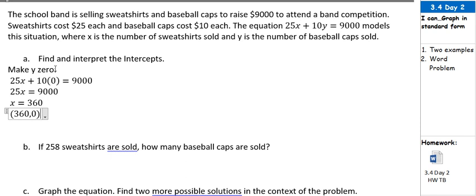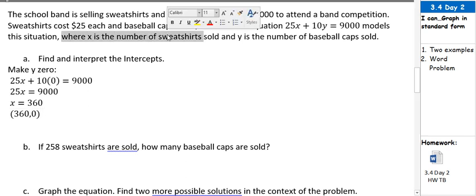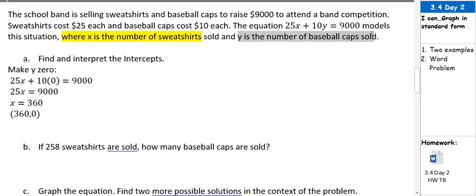360 and 0. In a world where we're selling sweatshirts and baseball caps, remember X is the number of sweatshirts. It says that up here. And Y is the number of baseball caps sold. X is sweatshirts.